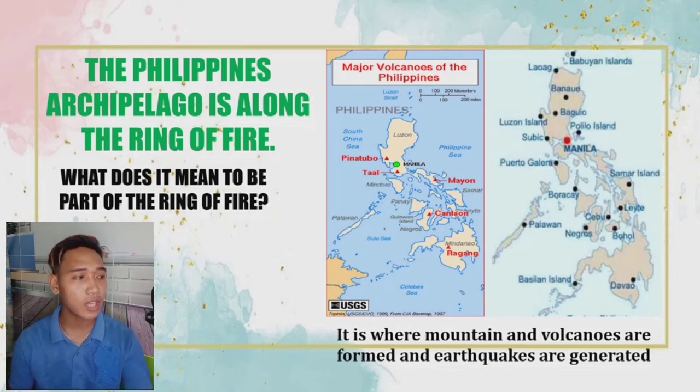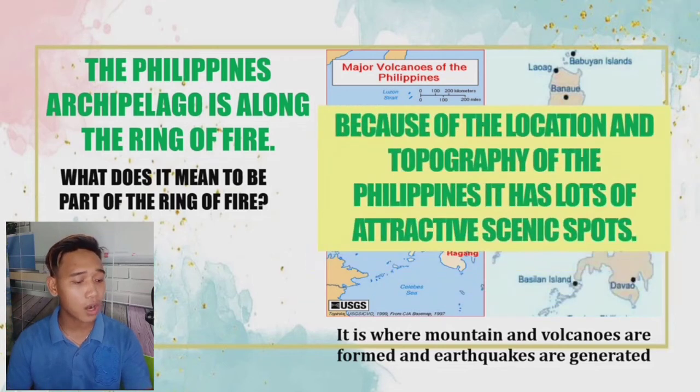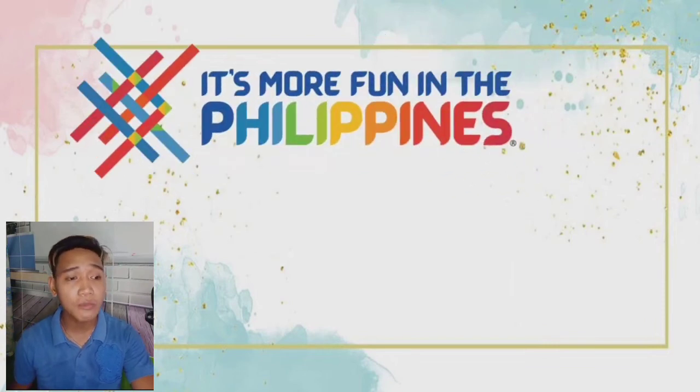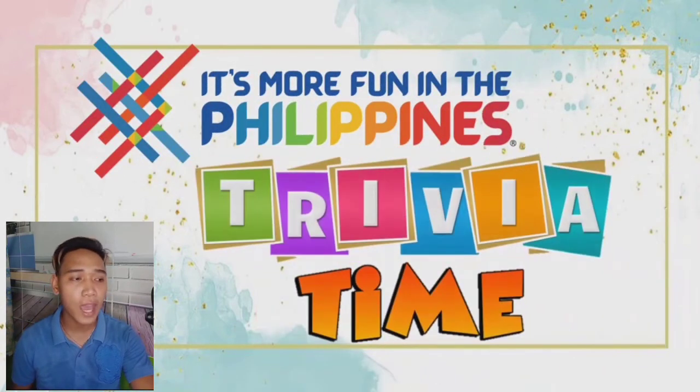Because of the location and topography of the Philippines, it has a lot of attractive scenic spots. Our next activity is entitled It's More Fun in the Philippines. We are going to have a trivia game, which will feature the beautiful land masses and bodies of water that surround the Philippines.